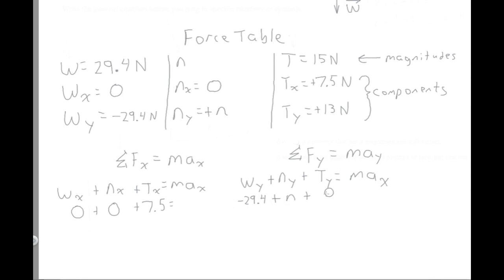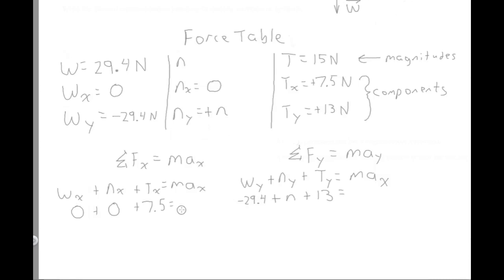T sub y is 13. So we've plugged in each of those forces. Remember that it's crucial to include this negative sign, or the equation will give you the wrong answer. On the other hand, I'm not plugging in separate pluses for the things that are positive, because that would overcomplicate the math. But it's certainly crucial to include this negative sign.